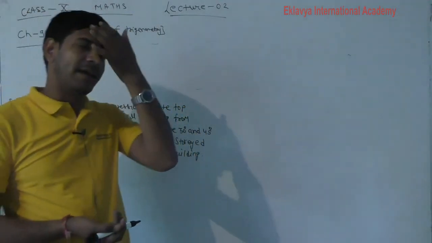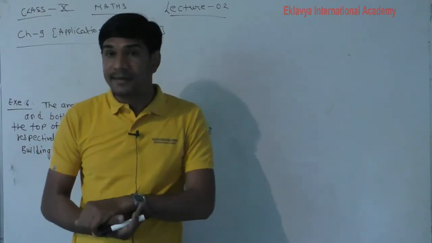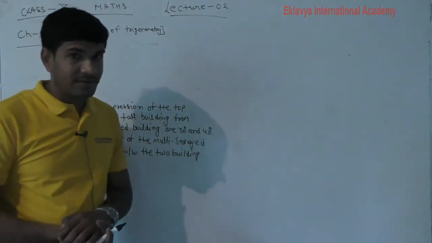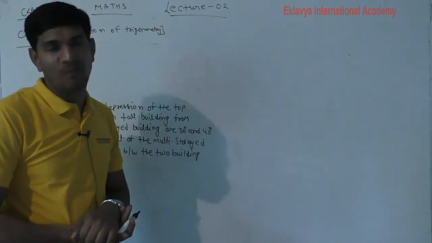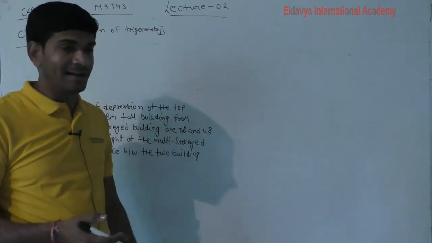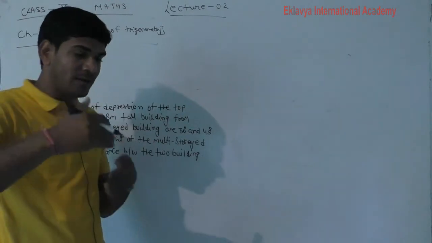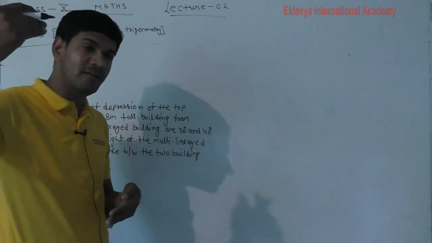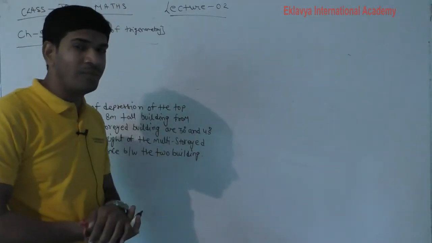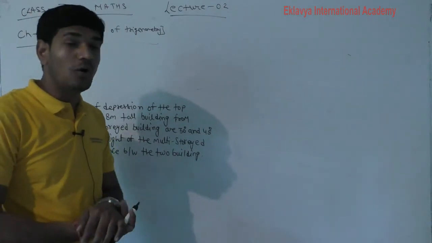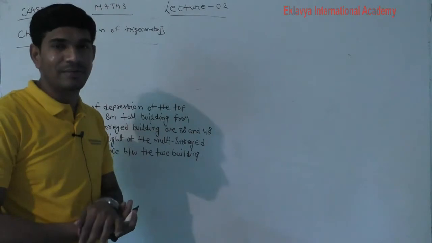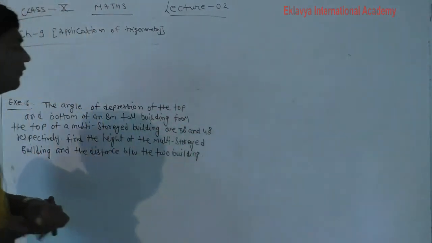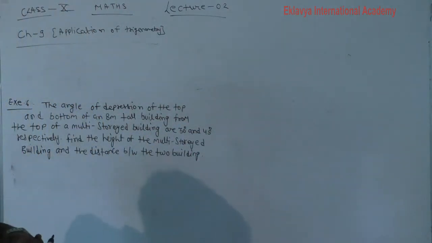And the angle of depression is formed when we lower our head, meaning you rotate your eyes downward to see the objects. You are standing at some height above the ground and you are watching an object present on the earth, then the angle of depression is formed.